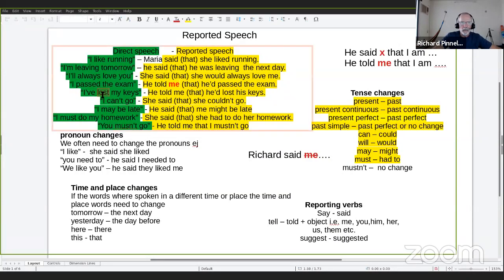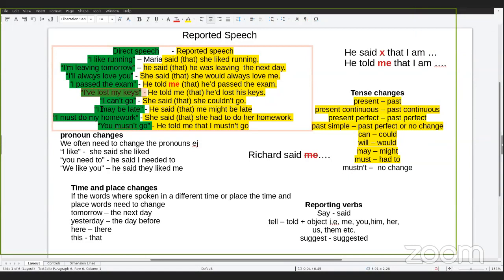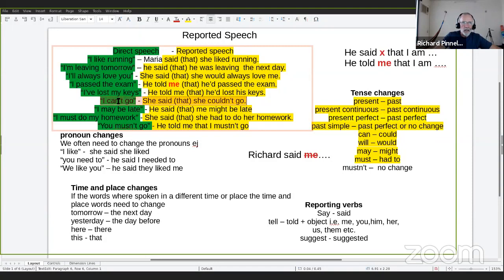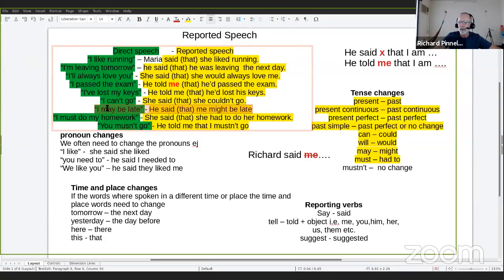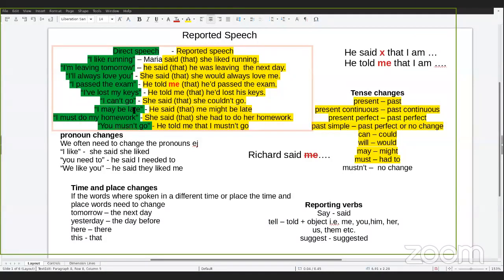Israel, I've lost my keys. Richard told me he lost his keys. Good. I can't go. Who's going to do that one? I think it's Nancy. He told me that he couldn't go. Very good. I may be late, Raul. Richard told me that he might be late.